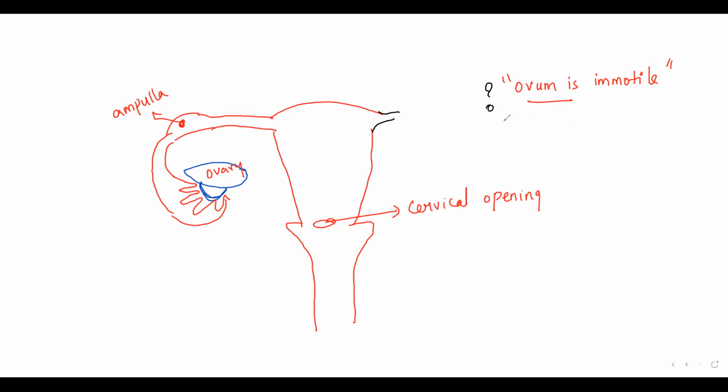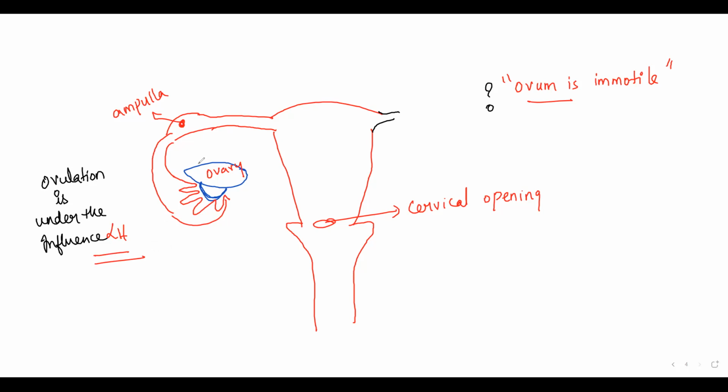First thing, children, you should know that ovulation is under the influence of a hormone which is none other than luteinizing hormone. So there are some hormonal influences on the female reproductive tract.